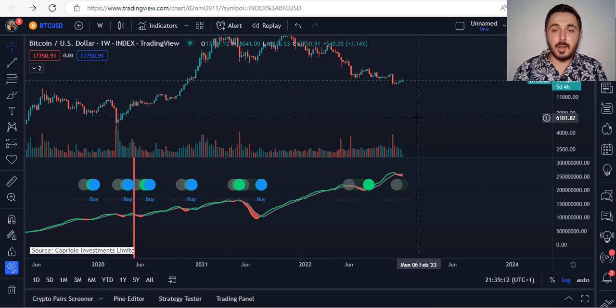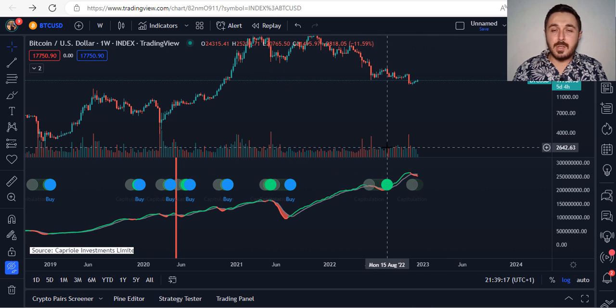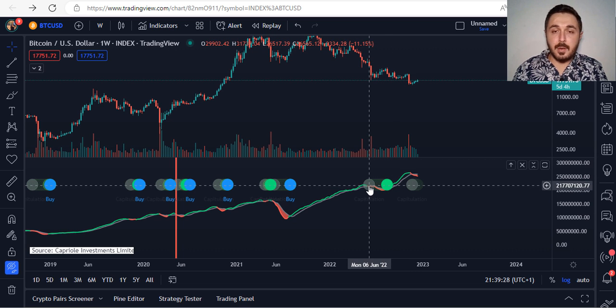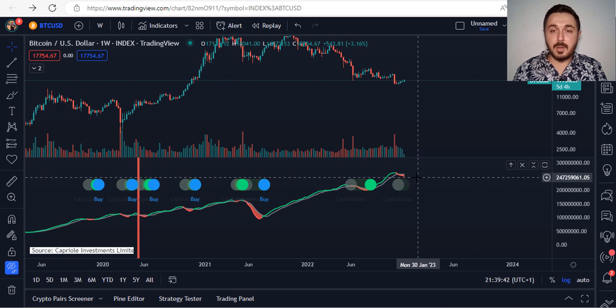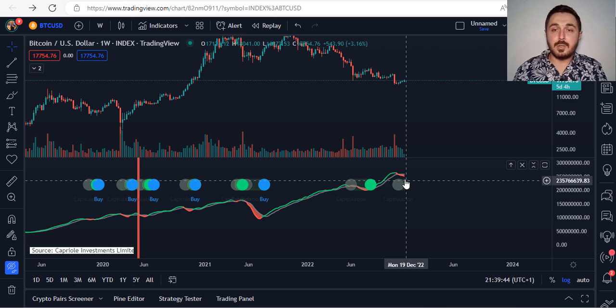So jumping to the current period in the market, you can see we almost had a buy signal over here back in August 2022, but it was delayed a bit. You can see over here the miner capitulation started and lasted to this green spot. We almost had a buy signal, but it was delayed. Hopefully in this current period we print a buy signal soon.